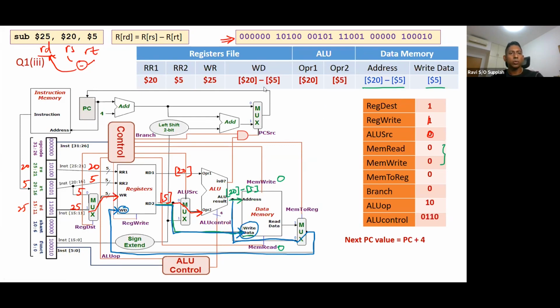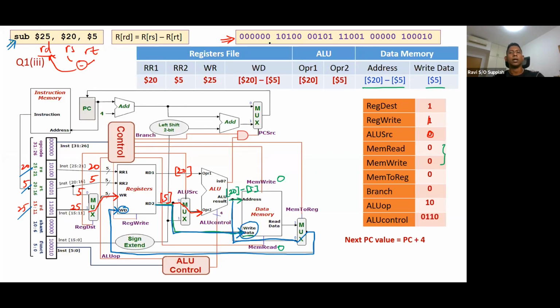These numbers here, 20, 25 and 25, are the numbers that are encoded in the instruction. When you write this instruction in assembly language and compile it, it gets translated to the actual machine code, which is the ones and zeros.